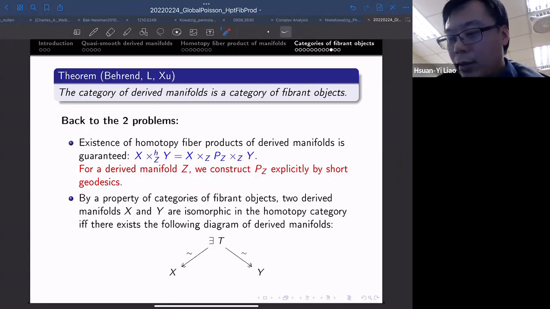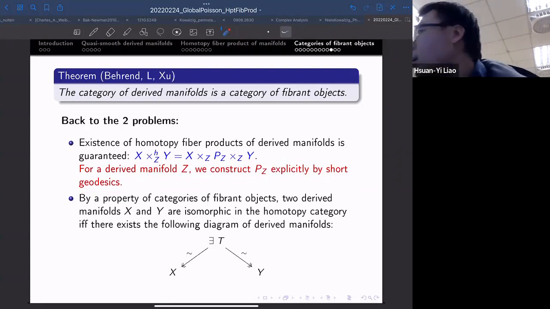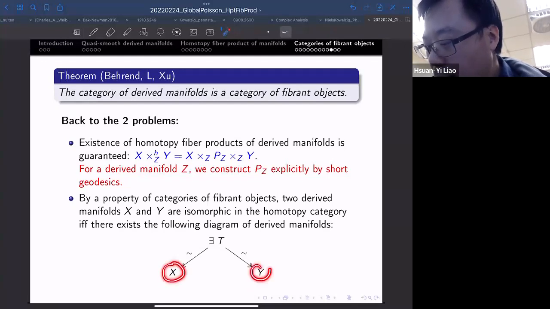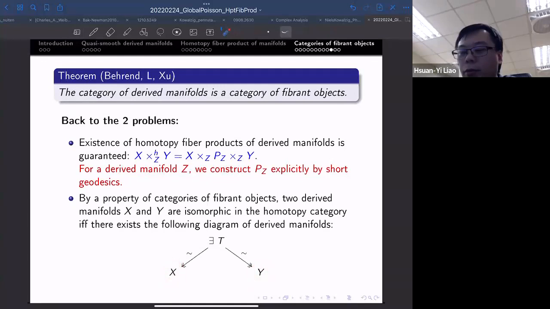And another problem I mentioned a few pages before is this equivalence problem. So now I can describe when we consider two derived manifolds to be equivalent: if they are isomorphic in the homotopy category.